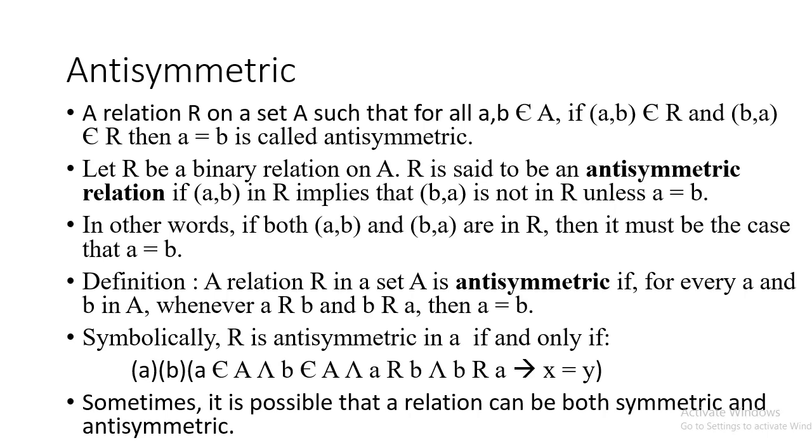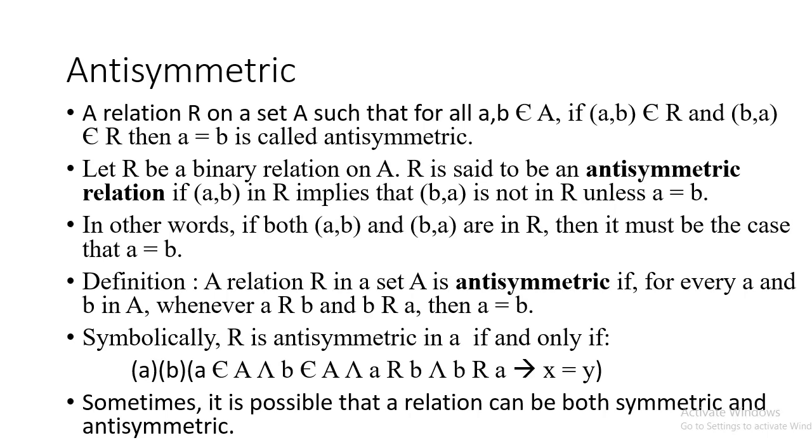A relation R on a set A such that for all a and b belonging to A, if (a, b) belongs to R and (b, a) belongs to R, then a is equal to b, is called antisymmetric.